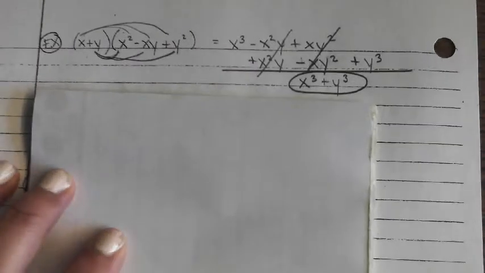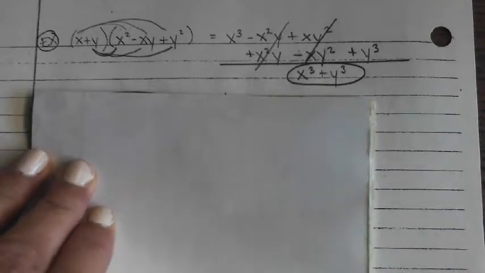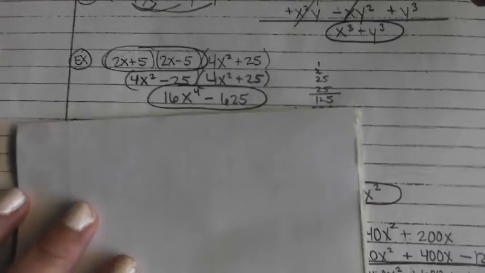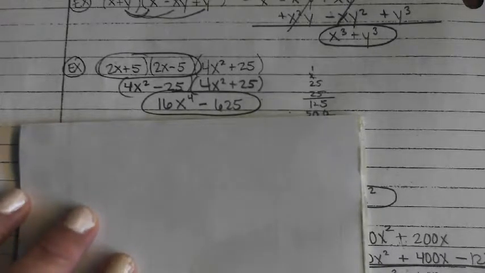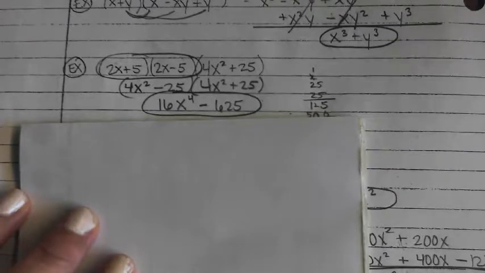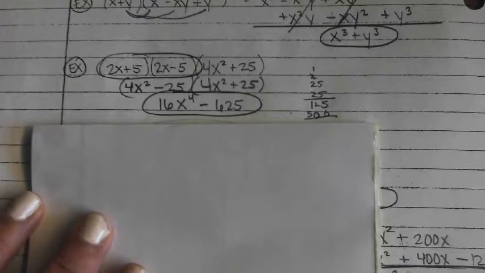Then I don't need to comment on it. How about for the second one? Jack? 16x to the fourth minus 625. Did anybody get anything different than that? Correct.